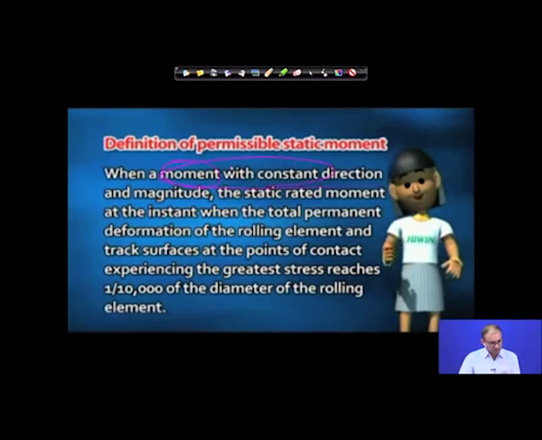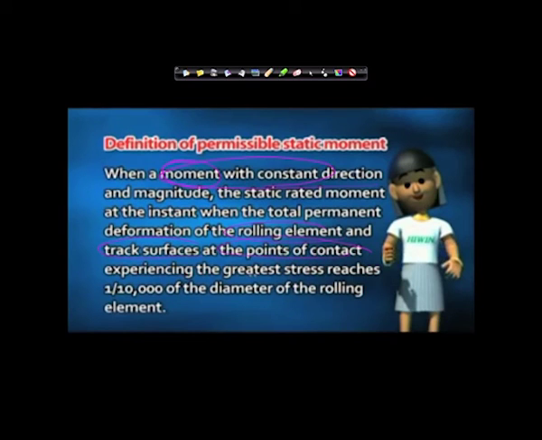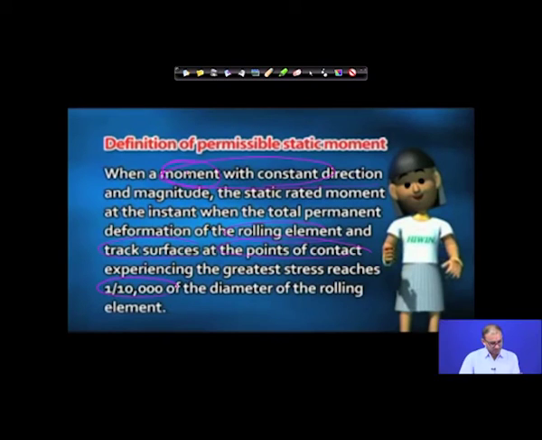Now it is concentrated to the moment. Under this particular condition, if the total deformation of the rolling element or the track surface at the point of contact experiencing the greatest stress reaches 1 of 10,000 of the diameter of the rolling element. So, same definition, but there is a difference in the content. Here we are talking about moment, and in the earlier case we were talking about the static load.